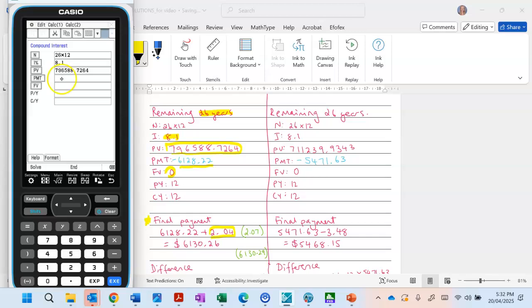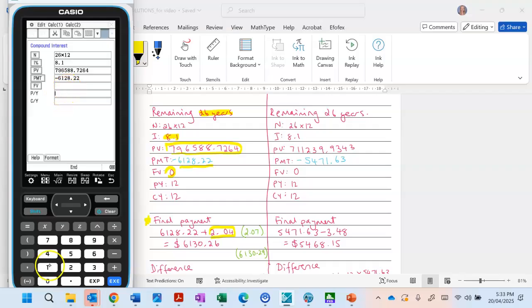And then our payment, remember it's negative because it's going to the bank, 6128.22. It has to be to 2 decimal places because it's impossible for you to pay less than 1 cent.